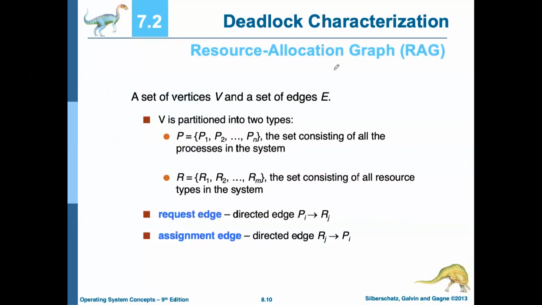So, the resource allocation graph, RAG. A set of vertices V, and a set of edges E. V is partitioned into 2 types, where P1, P2, through Pn represent the set consisting of all the processes in the system, and R represents all the resource types in the system.